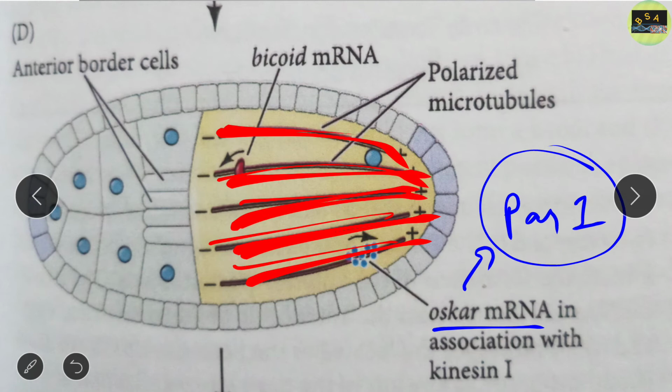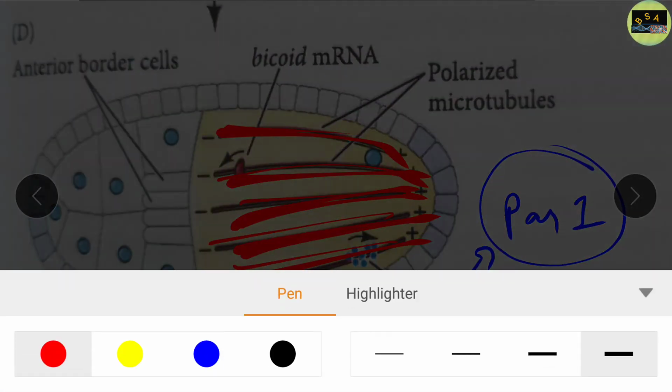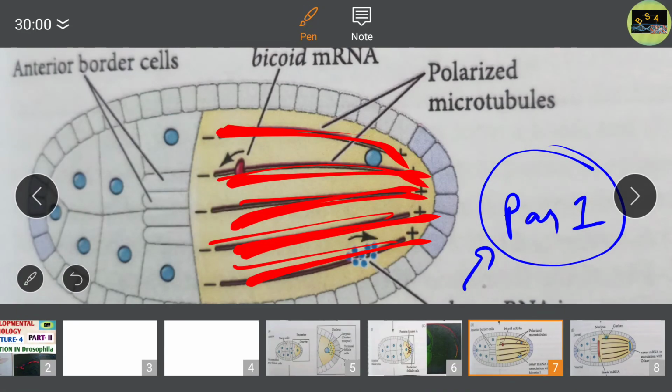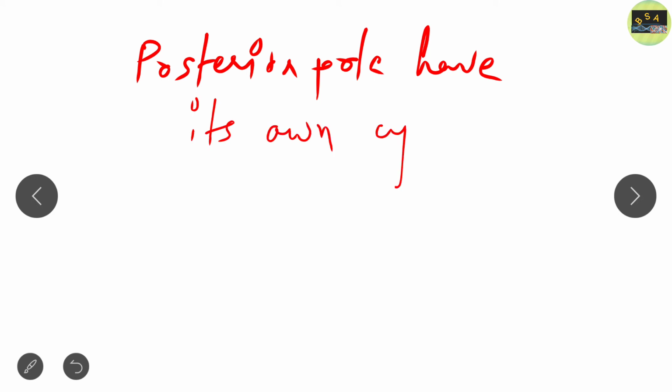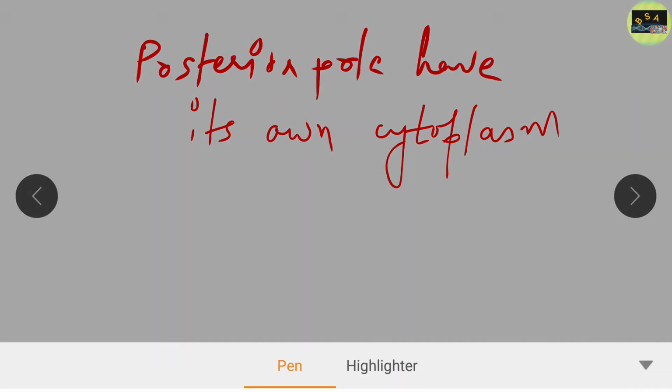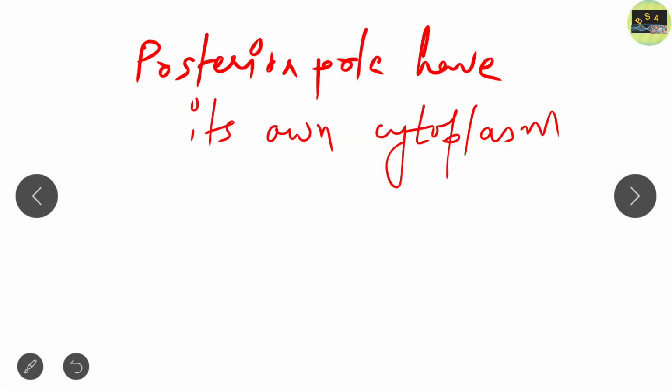Now at the end, what have you seen? Just note it down. The posterior pole has its own cytoplasm, and this cytoplasm is known as pole plasm.